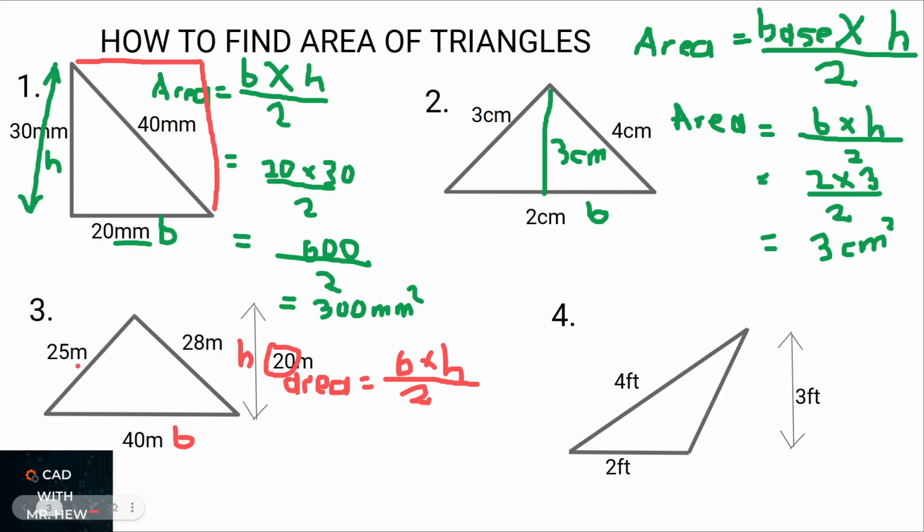The 25 meter and the 28 meter are not applicable for the formula we are using to calculate the area of the triangle. You can ignore those numbers because they're not helping us calculate the area.